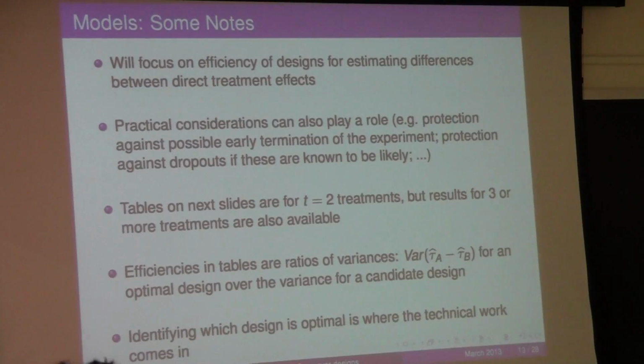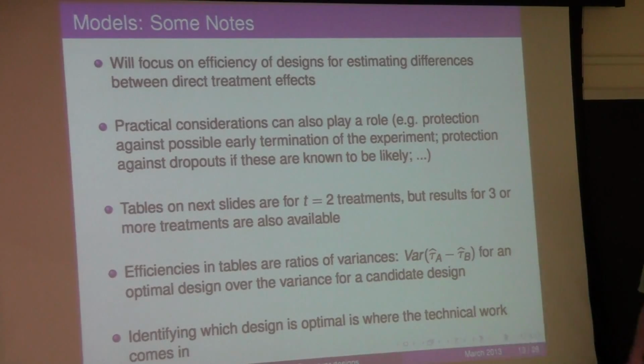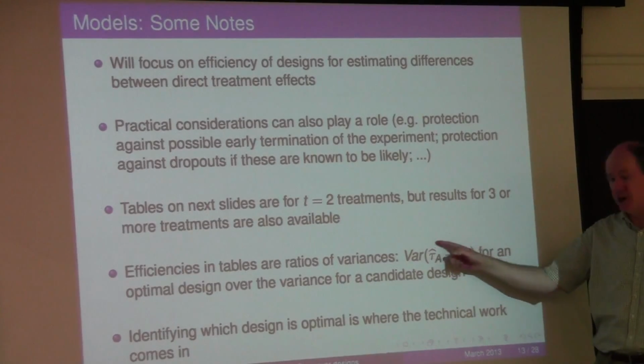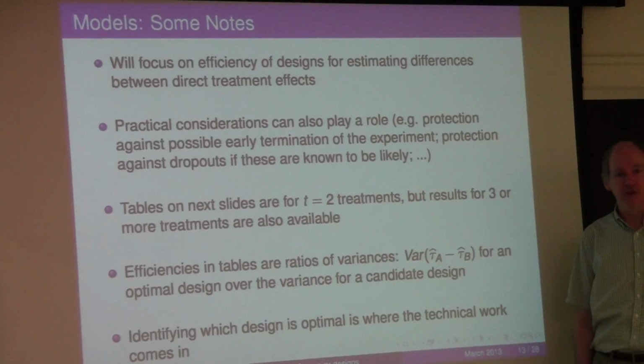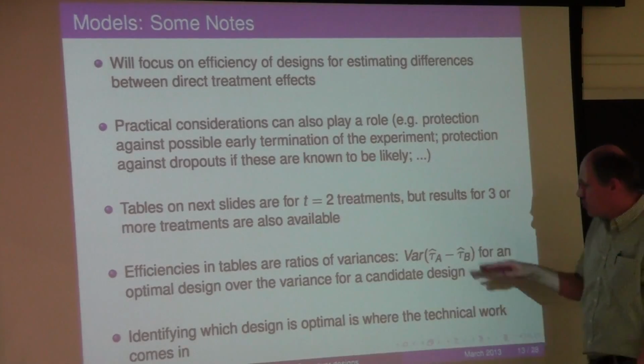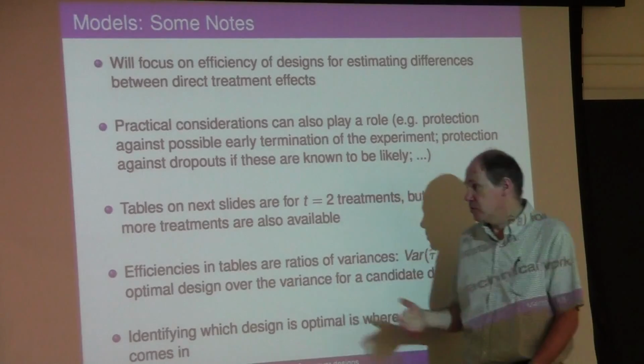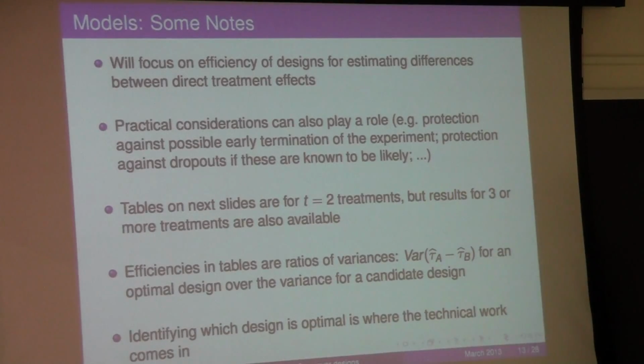And since I'm only focusing on two treatments, A and B, what I'm really interested in is, of course, this guy over here, the variance of the best linear unbiased estimator for tau A minus tau B, and somehow come up with a design that makes that variance as small as possible. So the optimal design would make the variance as small as possible. And so I need to have the tools to identify the optimal designs.